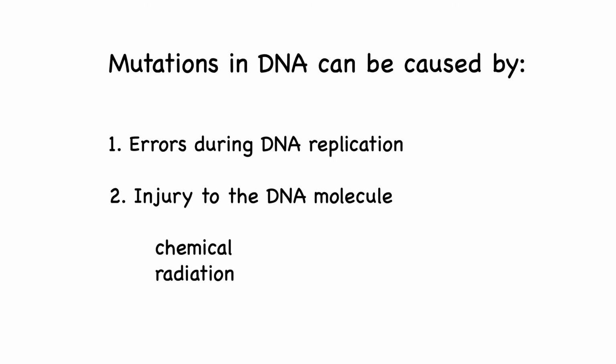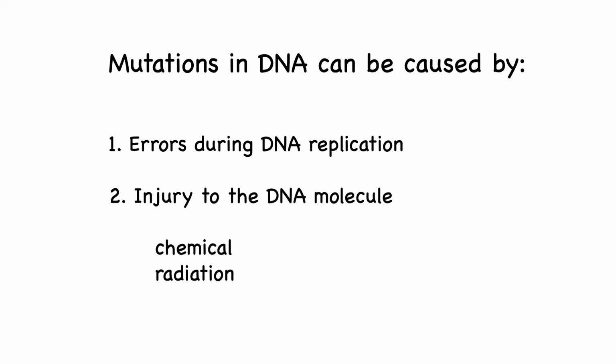Okay, I want to talk about mutagenesis now, and so how the genome can change over time. And of course, we mentioned a little bit that there certainly are errors during replication. They're not very frequent, but they do occur.